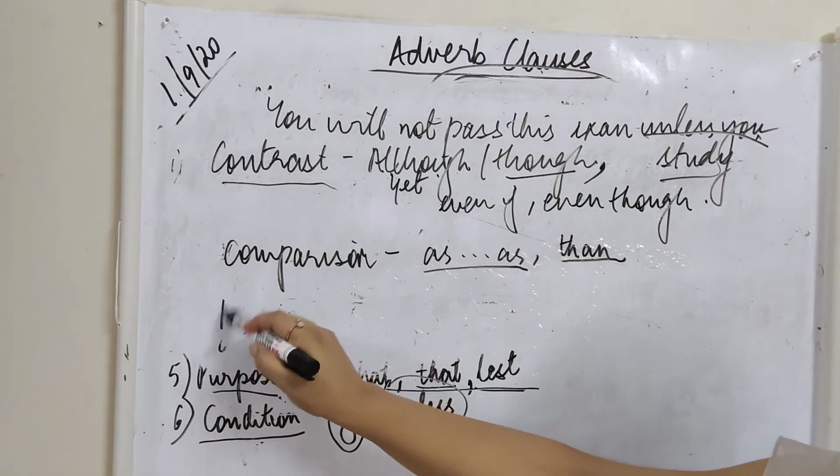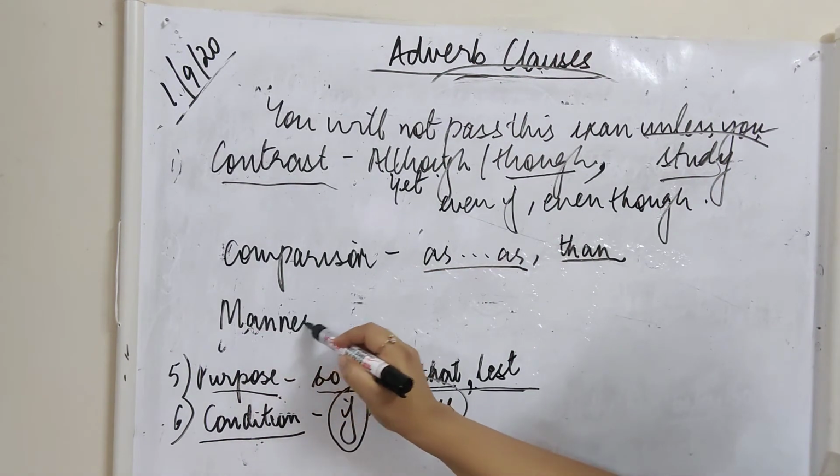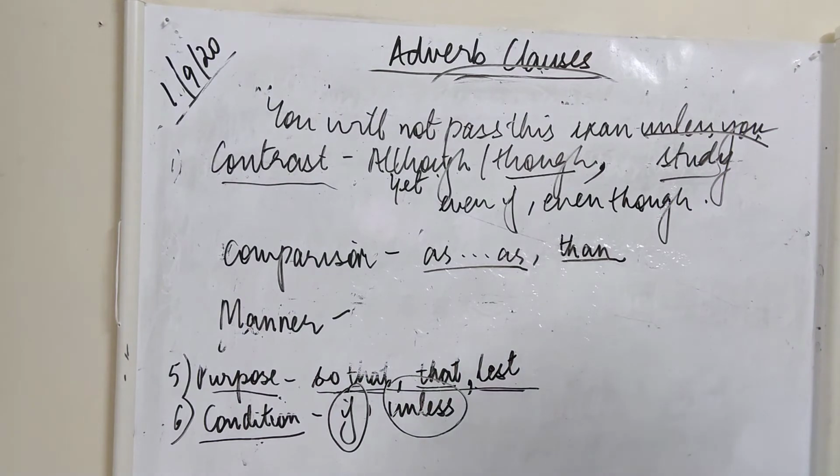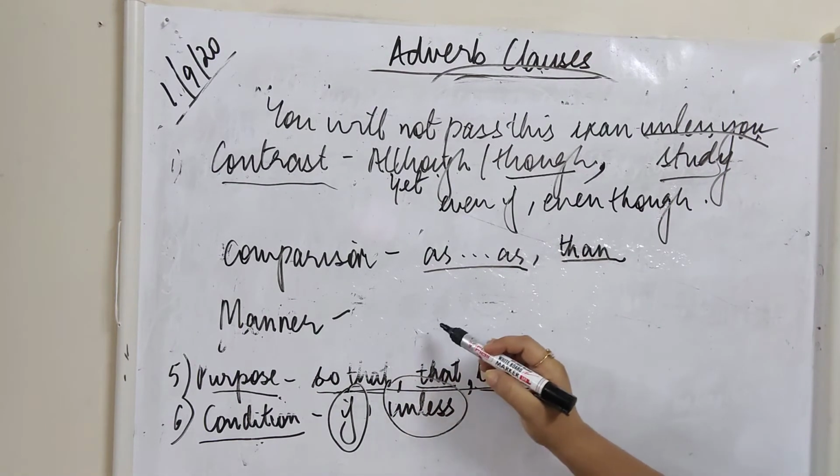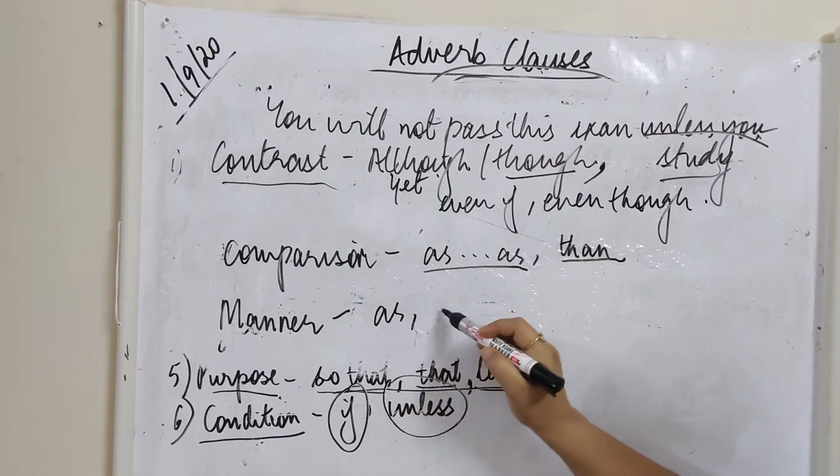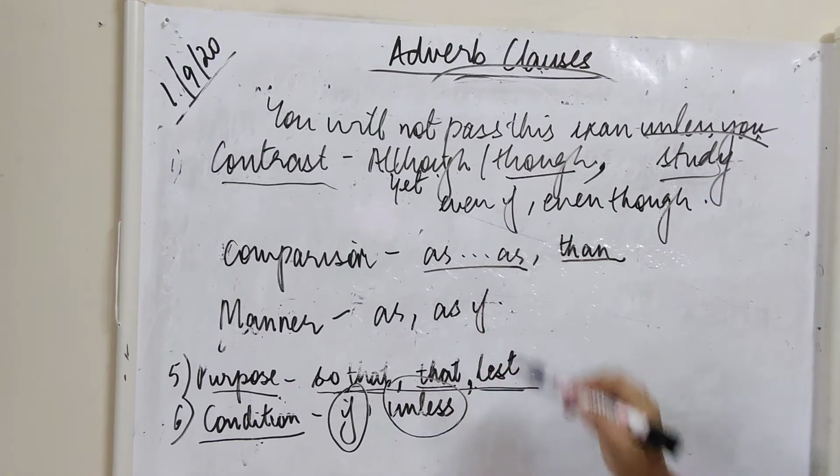Now the last type of adverb clause is the clause of manner. Adverb clause of manner is introduced by as or as if. For example, if I say, please continue working as you are told.